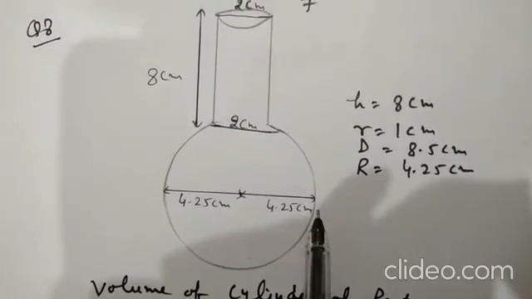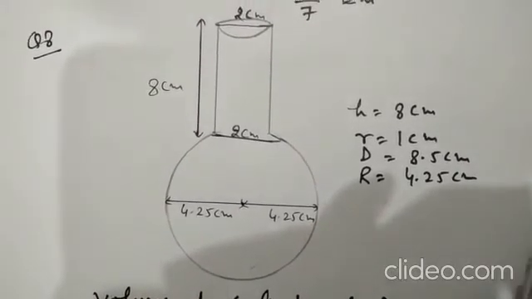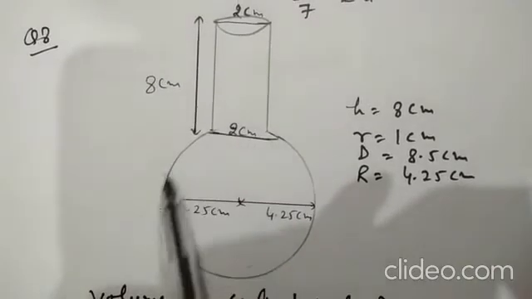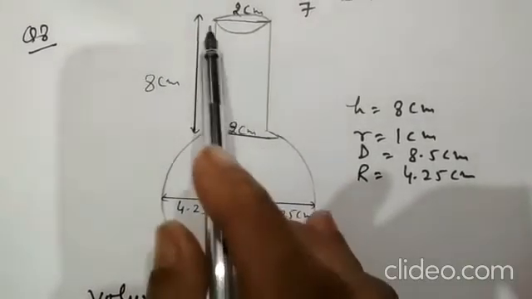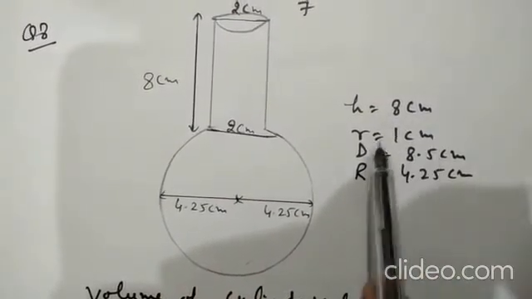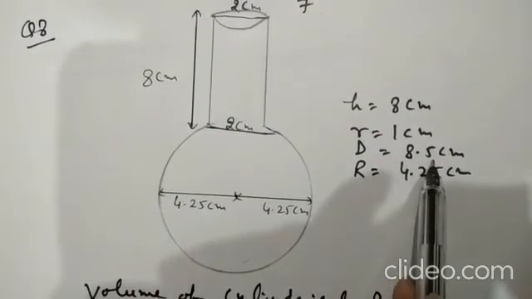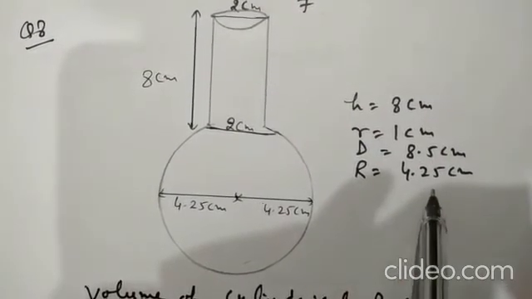Check whether she is correct or not using pi 3.14. So the vessel is in the form of a spherical part and a cylindrical neck. Height of the cylindrical neck is 8, radius 1 centimeter, diameter of spherical part 8.5 and radius 4.25.